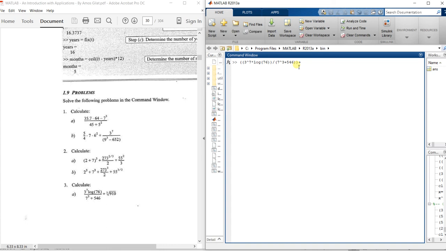Cubic root means power 1 by 3, so we use 910 whole power 1 divided by 3. Now we enter, and we get the answer: 20.3444. Like that we are going to solve some other problems.